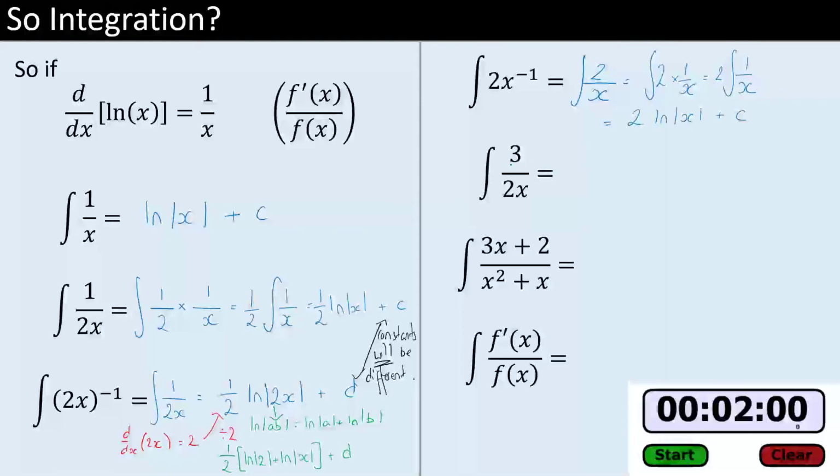Now this one, if I were to do a quick check, if I differentiated the bottom, I would need a scale multiple to get the top. So we do have a logarithmic function. That's fine. Now this I'm going to do in 2 steps in one.